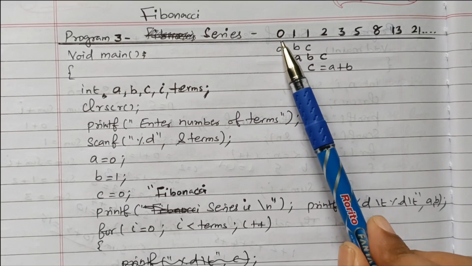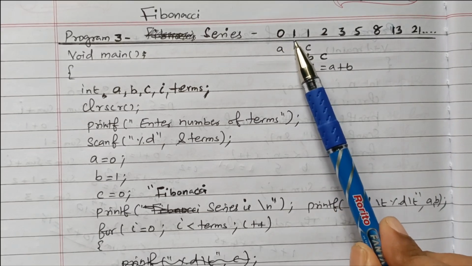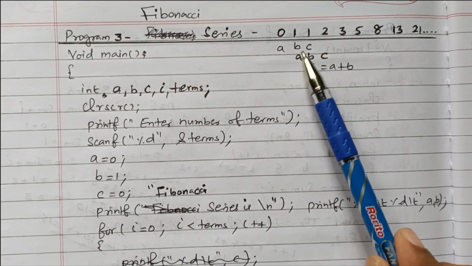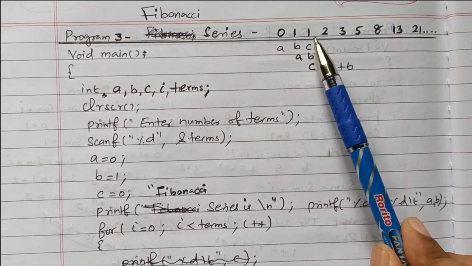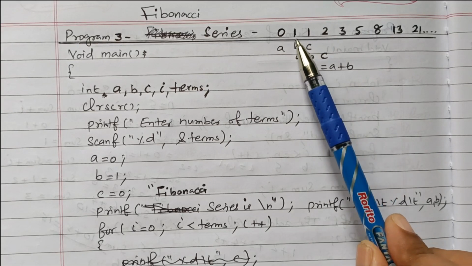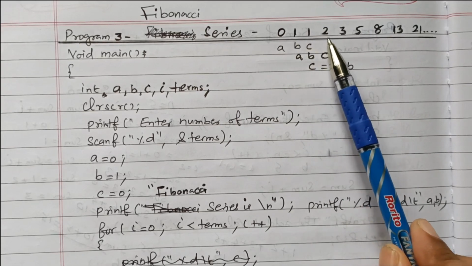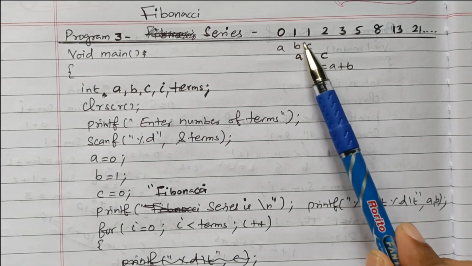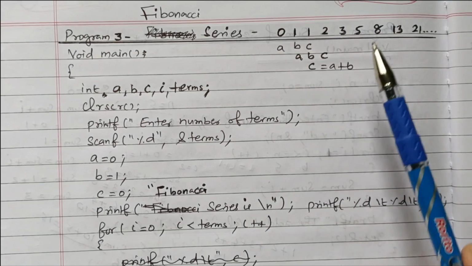Let us consider the first number is 0, the second number is 1. The third number is the sum of the first and second number. After creating the third number, the fourth number is the sum of the second and third number. That is, each number is the sum of the previous two numbers. Like that we need to generate.